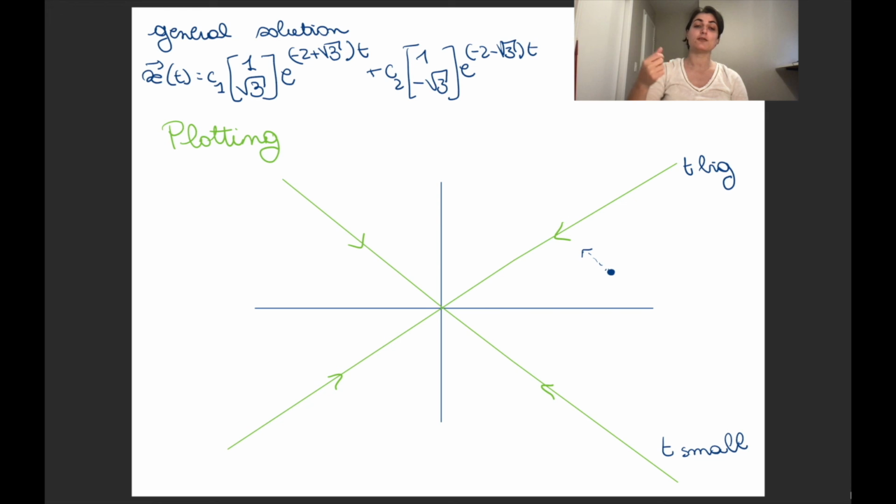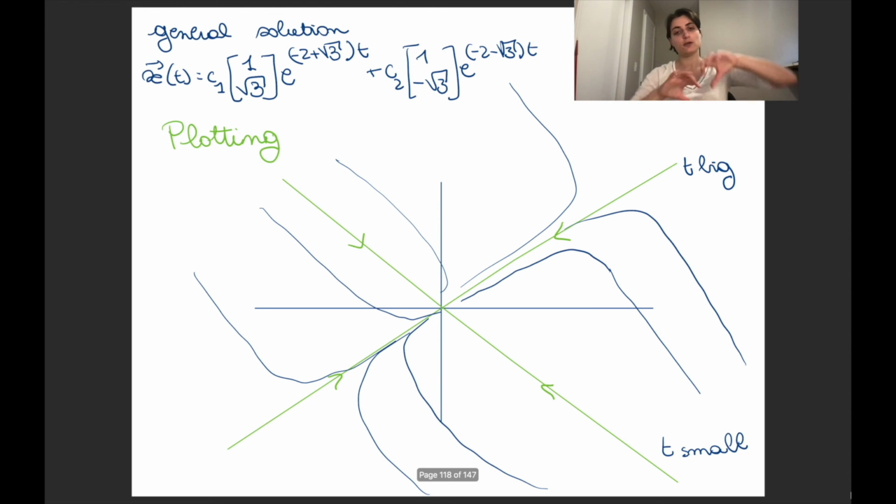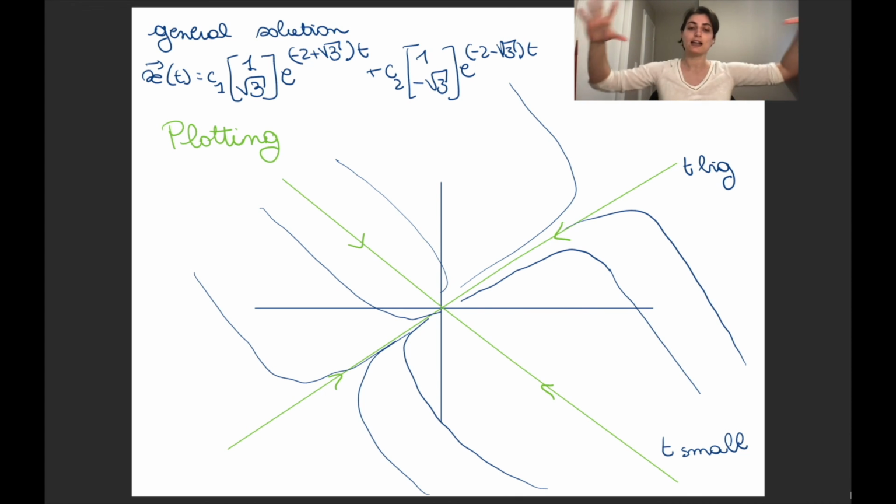For t big, we're moving as the first eigenvector. So what we see is something like this. And if we stretch that, we see something very similar to the case of two positive eigenvalues, except that now we're moving everything towards the center. For t small, we move along the eigenvector associated with the biggest negative eigenvalue in absolute value, and then we start moving like the other direction.